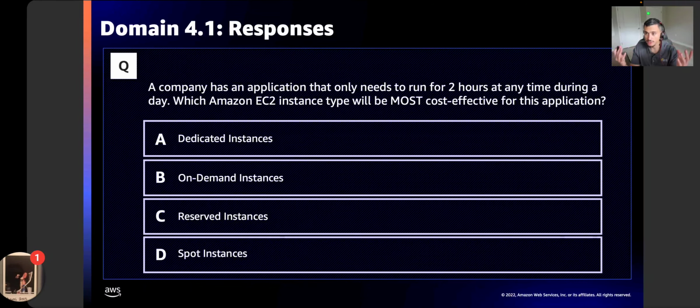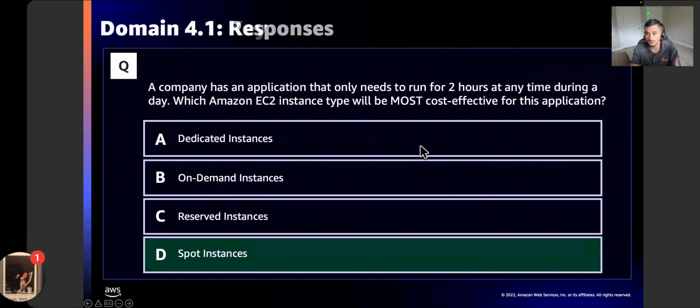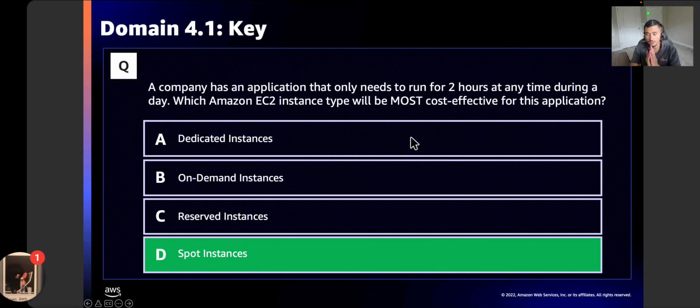Right. So I hope everyone had enough time to think about this. The correct answer here is spot instances. So very good for those that said spot or those that thought about it in their heads. Again, this is because we're looking for the most cost effective. We said that spot instances give us 90% off, the biggest discount by far, up to 90%. It's not always going to be 90.